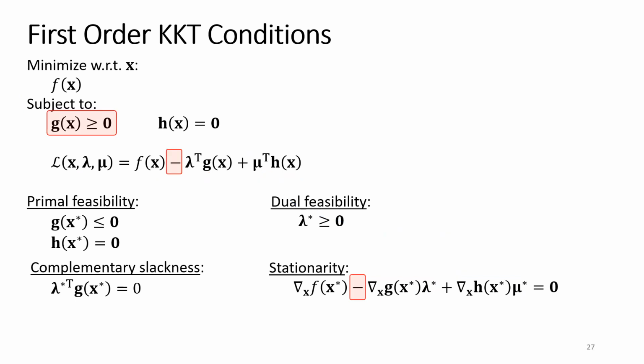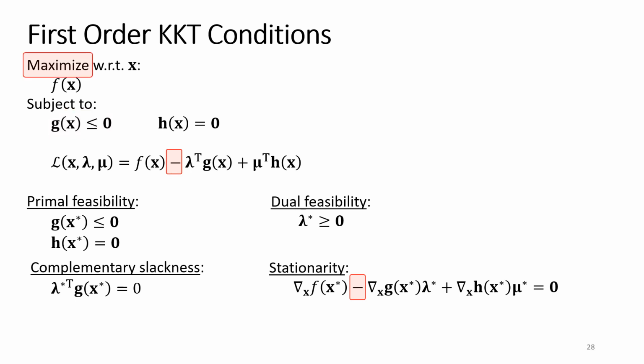Now, if we have greater than or equal constraints like this, then we can modify the Lagrangian. We can replace the positive sign with a negative sign. So we have negative lambda transpose g of x as the second term, and the stationary condition will change accordingly. So we have a negative sign here.